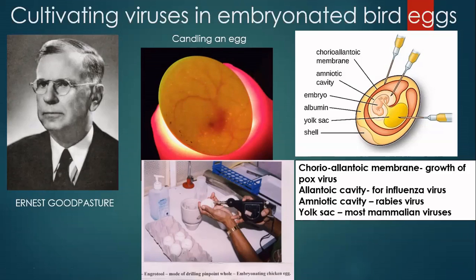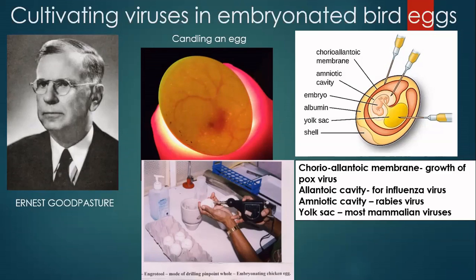So before we inoculate the egg, it has to be first prepared for that inoculation. First, the location of all these things is seen. And then the shell surface has to be disinfected with iodine.